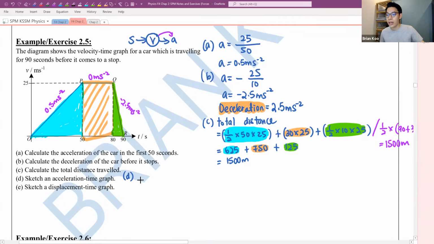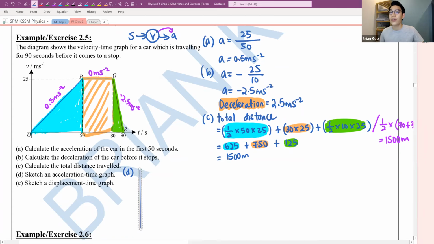So you can imagine, because my acceleration is just these 3 values, when you draw, leave some space down there because we have negative 2.5 to put. So you have the 0.5, you have 0, and then you have negative 2.5. From 0 to 50 seconds, the acceleration is just a constant, fixed value only.